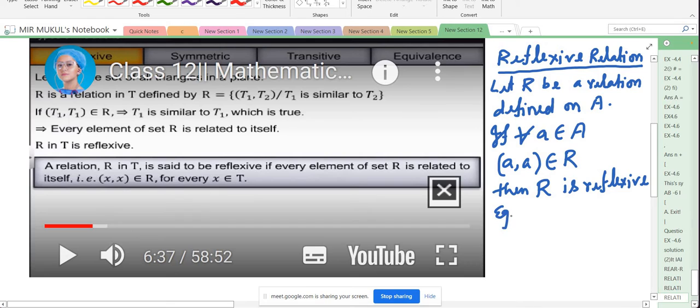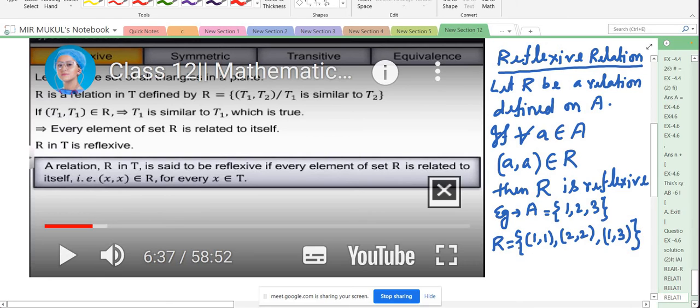For example, one example I am giving. Suppose A equals {1, 2, 3} and consider a relation R = {(1, 1), (2, 2), (1, 3)}.